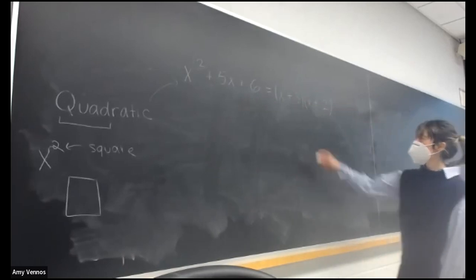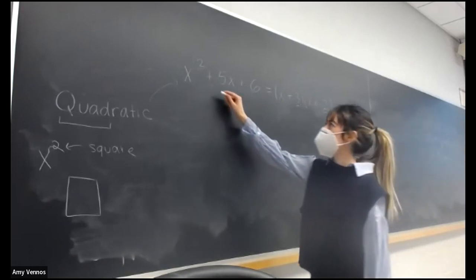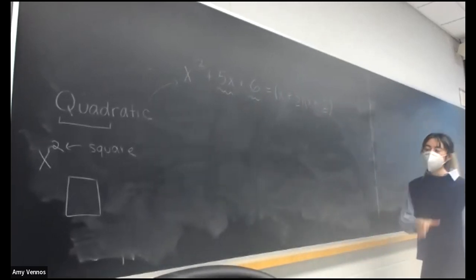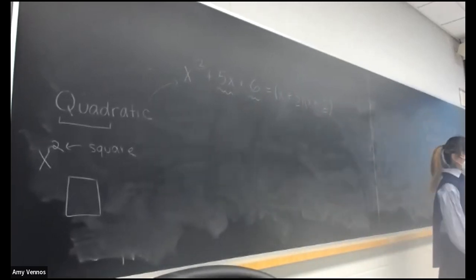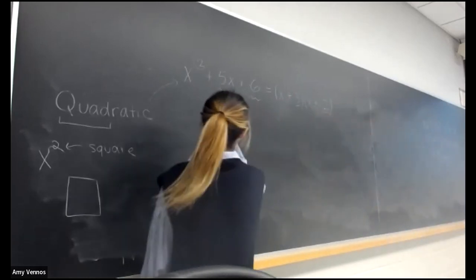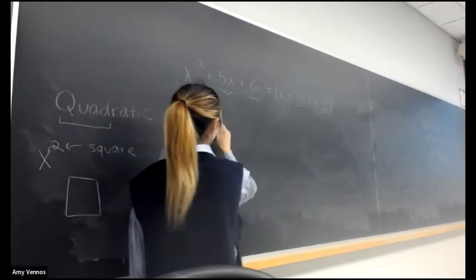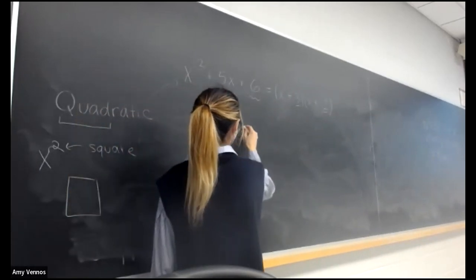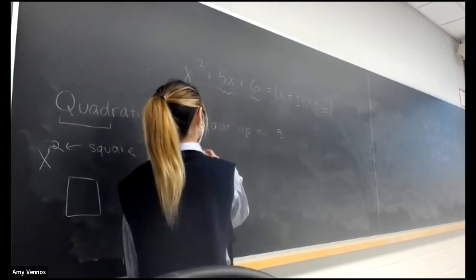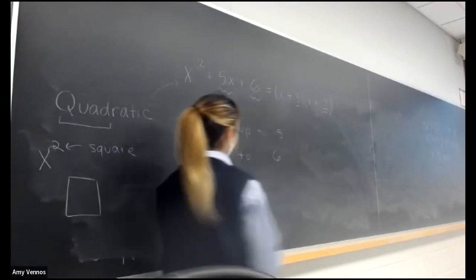But let's take a look at these 2 numbers. And let's try to see what these 2 have in common. As Zainab said, we looked for 2 numbers that added up to 5, but multiply to make 6.